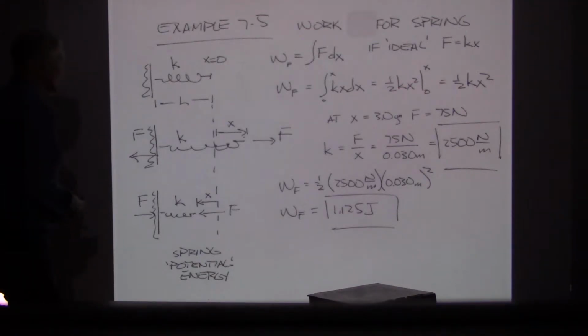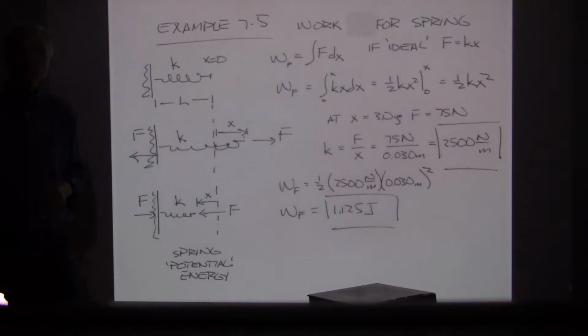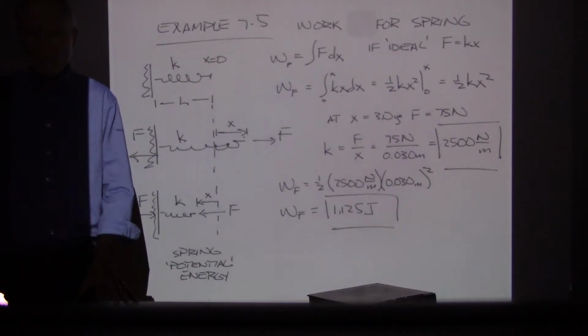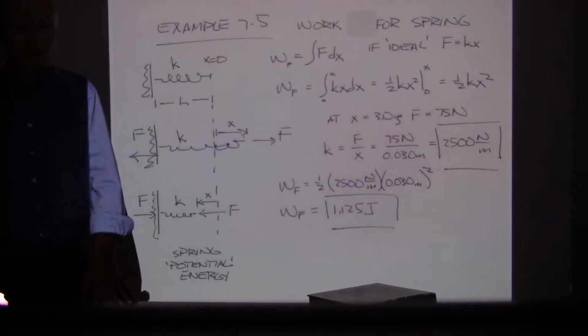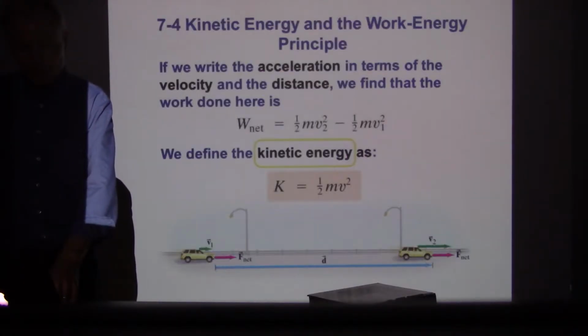Seems like we should have been able to do better than that. But the spring does not have very much energy stored, and a big part of that is it's just not stretched out very much. So anyway, that's what the energy transfer calculations might look like for a spring as we stretch it out.